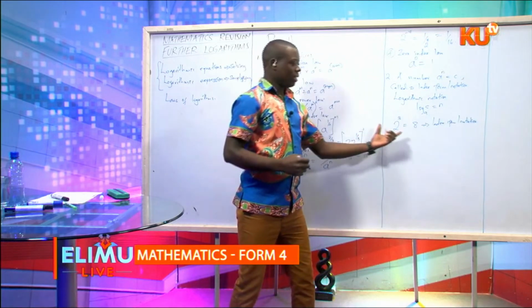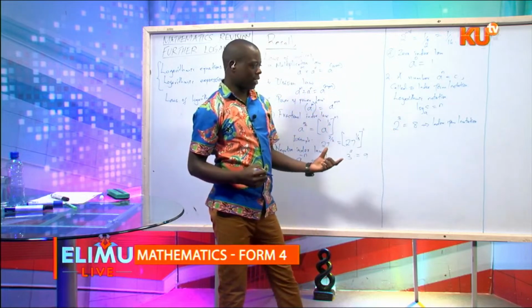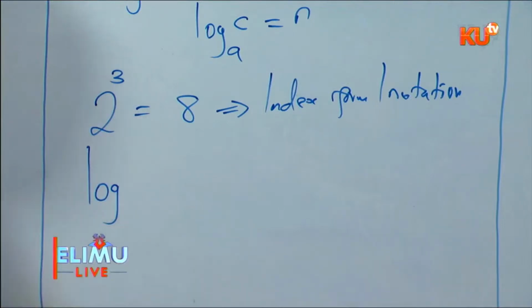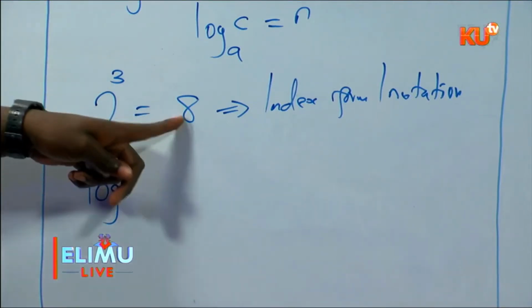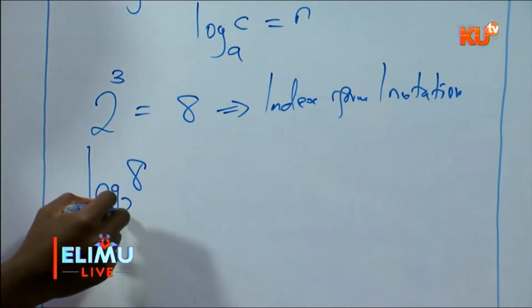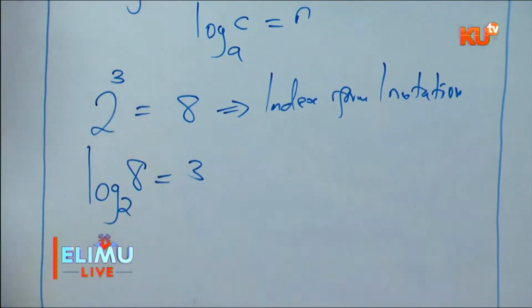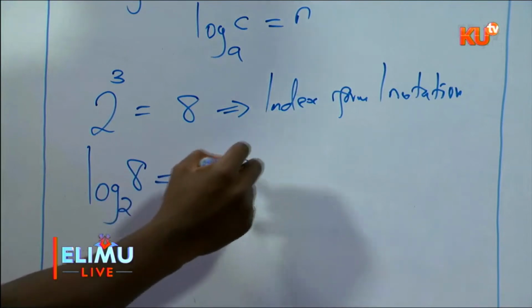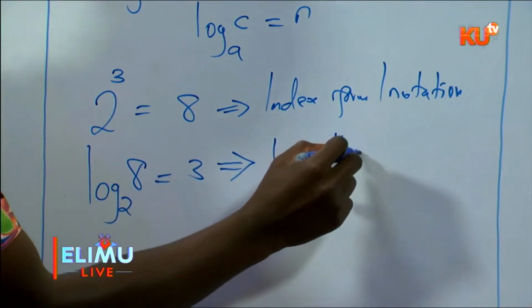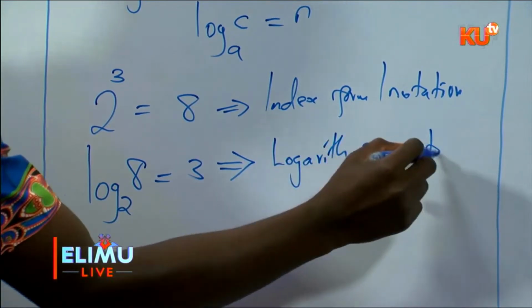We can change this to logarithmic notation by introducing logarithm. So we write the logarithm of the number 8 to the base 2 will be 3. So this form of writing numbers is called logarithmic notation.